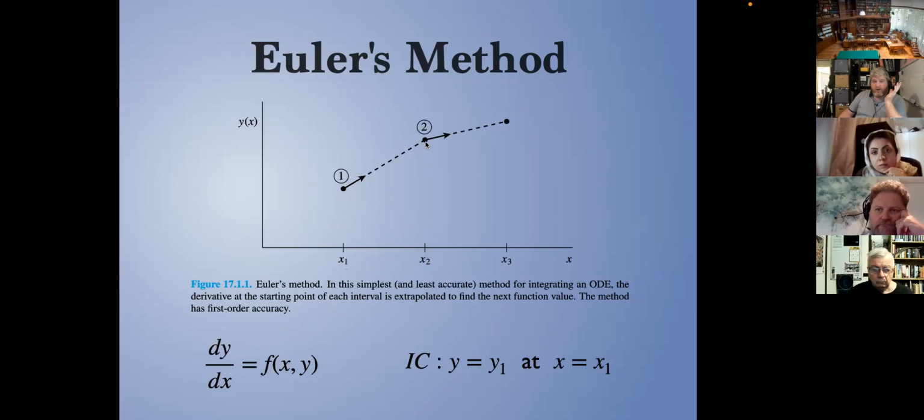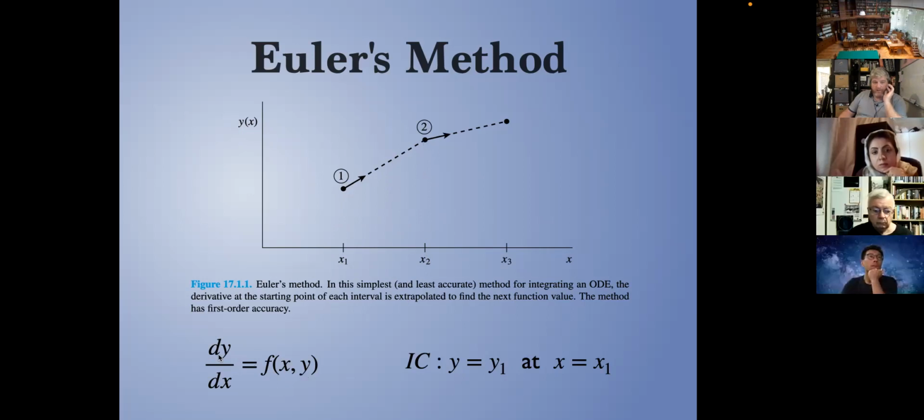And now I've got a value of y here and x here. I can go back to this equation, get the value of the slope again. There's the slope. So my best guess of where we go next is over here at y3. And repeat until you have some sort of solution.